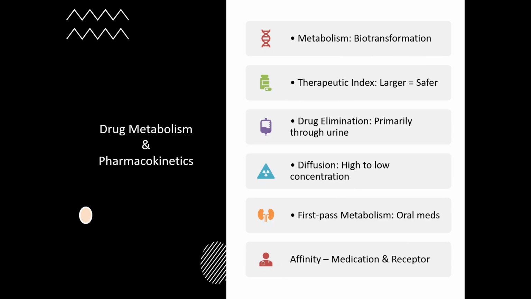So drugs that have a greater difference between the therapeutic and lethal doses have a wide therapeutic index, and those are considered safer to administer than those with a smaller difference between the effective and lethal dose.